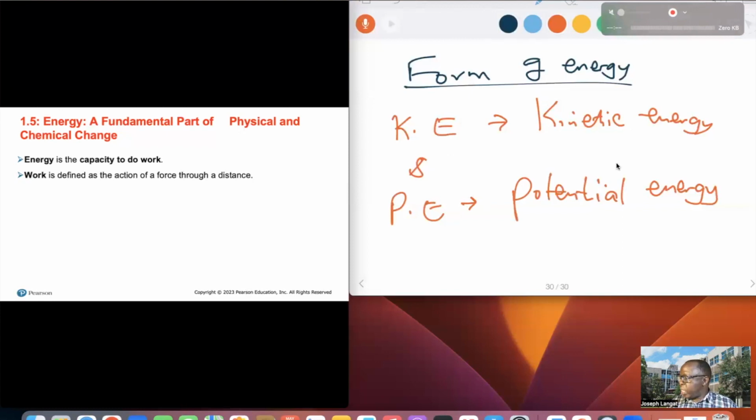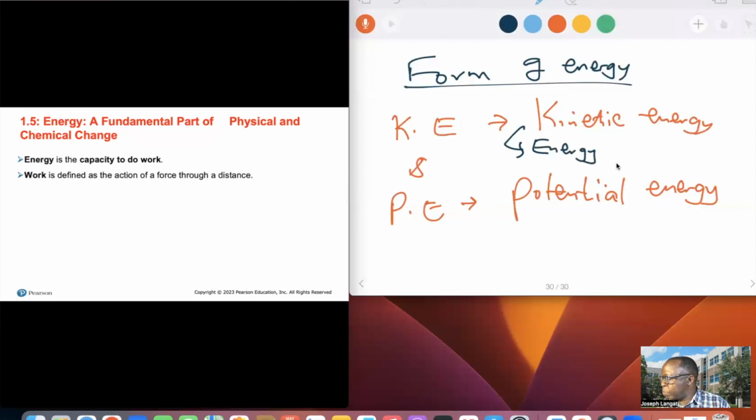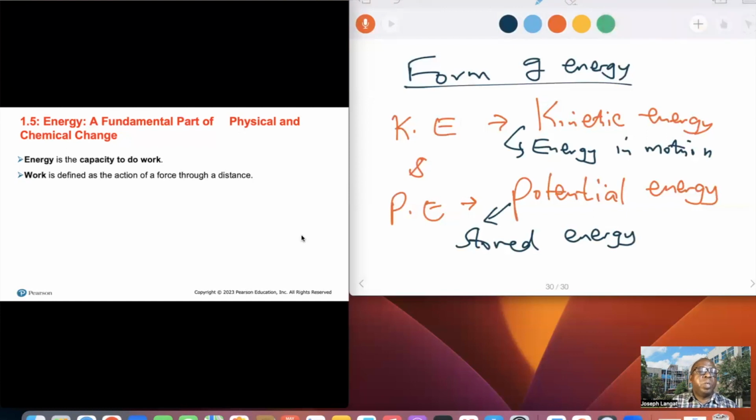Kinetic energy is simply energy in motion. Potential energy can be just stored energy, or the energy stored by substances, energy by virtue of position.